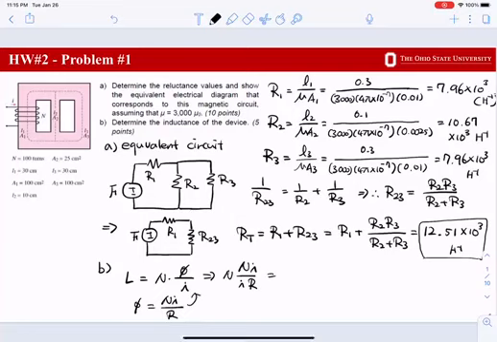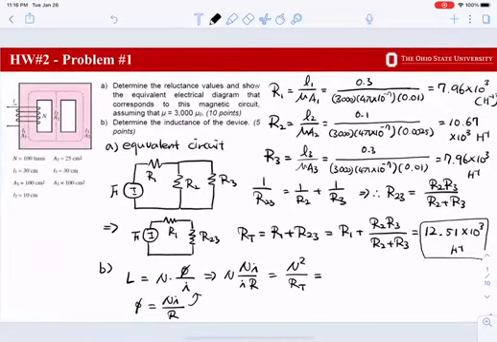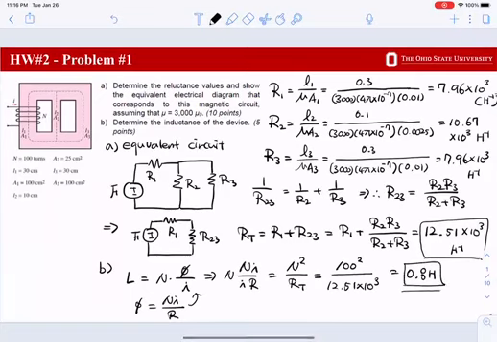So this means N squared over the total reluctance. So that is 100 squared over 12.51 times 10 to the third. That is 0.8 Henry. That is the answer for B.